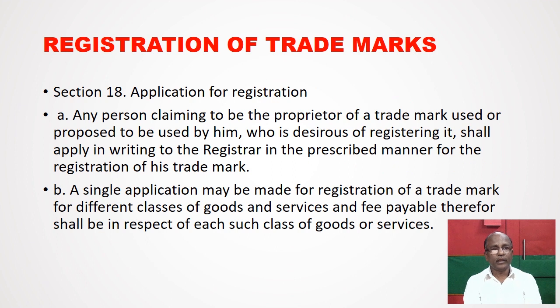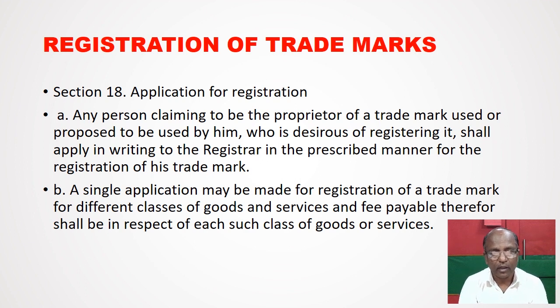So Section 18 of this Act of 1999 deals with the application for registration, and mainly it says any person claiming to be the proprietor of a trademark used or proposed to be used by him, who desires to register it, shall apply in writing to the registrar in the prescribed manner for the registration of his trademark.